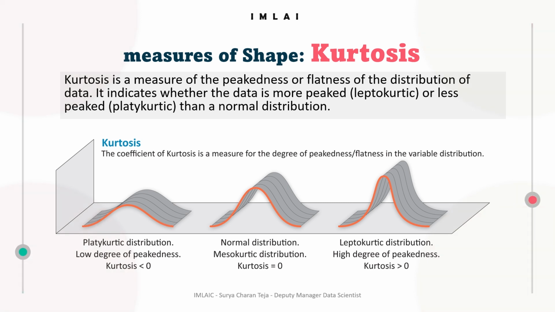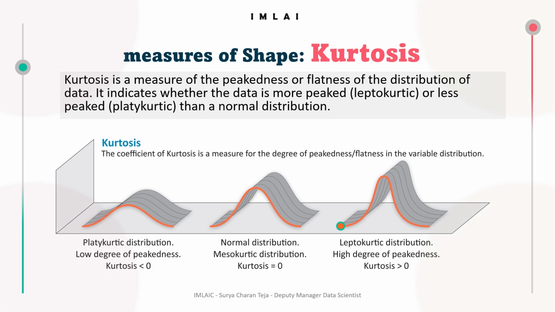This is called a low degree of peakedness. Low degree of peakedness is a platykurtic distribution. Then we have leptokurtic. If kurtosis is greater than 0, the distribution is leptokurtic, or more peaked compared to a normal distribution.